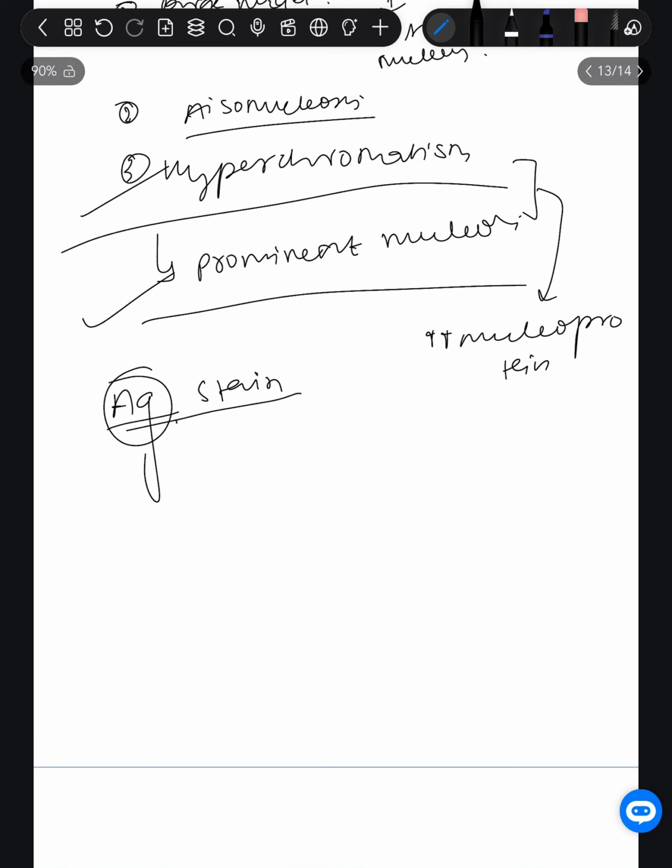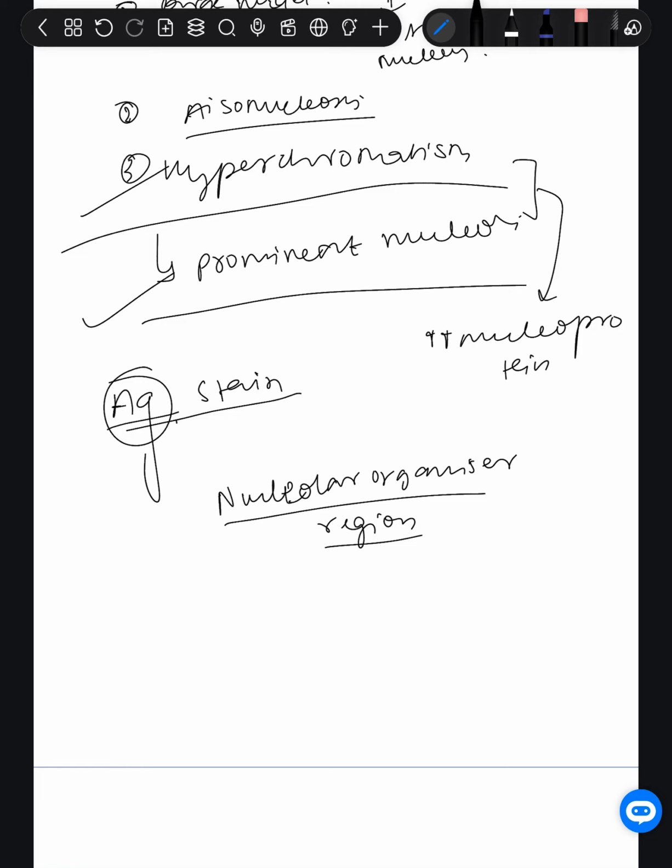There is something called the nucleolar organizer region, NOR.